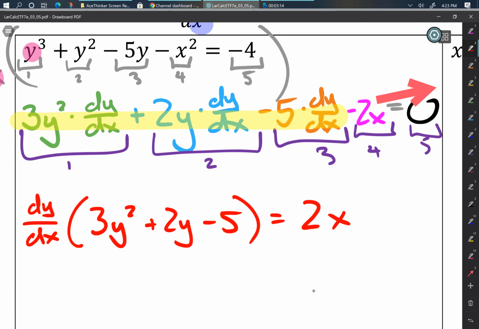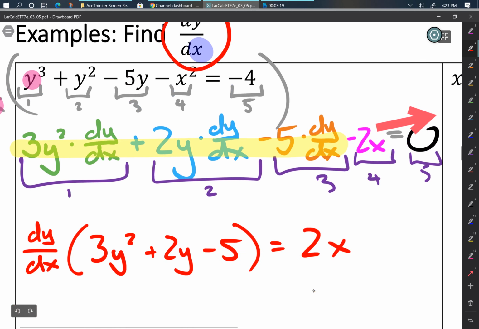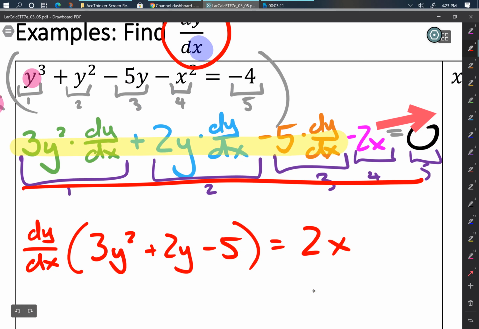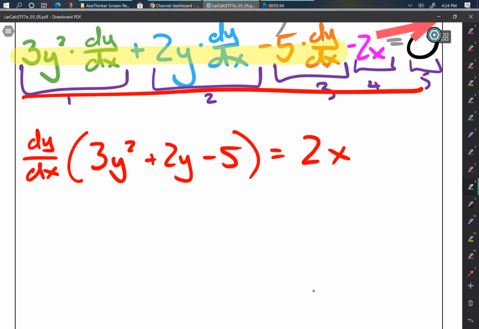Okay, why am I doing this? Well, because what's my job? My job is to find and to isolate dy/dx. This is calculus, yes, but there's dy/dx's all over the place, so I haven't really found or isolated that dy/dx. So now I need to do algebra to make that happen. Okay? So now I have dy/dx times something is equal to 2x.